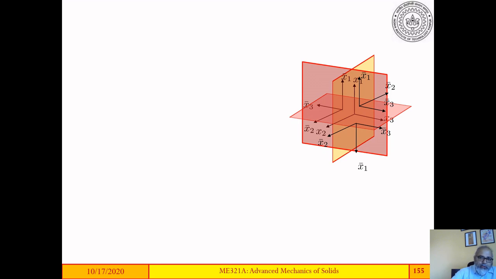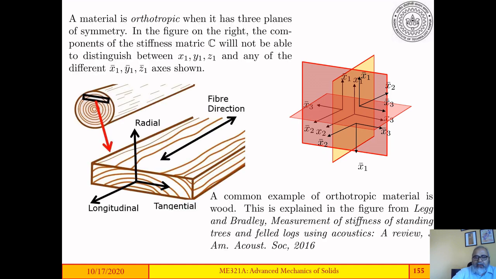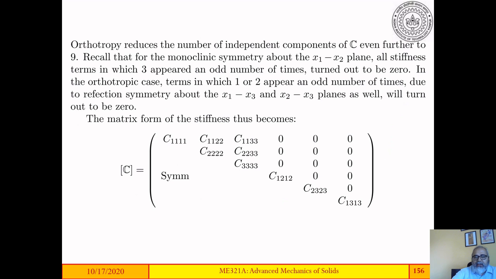So you can apply the trick of the previous slide in this as well, and you will see that now several other terms will turn out to be 0, and this will be the shape. These terms will turn out to be 0, and this will be the shape of the matrix form of the CIJKL.